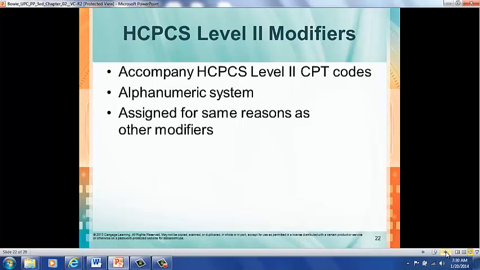DME services include such things as crutches, walkers, and canes. These codes may or may not be reimbursed. The coder, as well as the providers, needs to know that because just as in CPT, if a code for a service exists, that does not mean that the service is reimbursable. This is something that the insurance carriers should be contacted about.